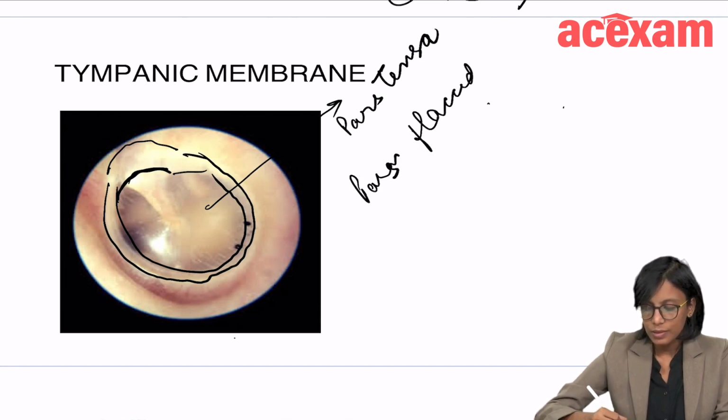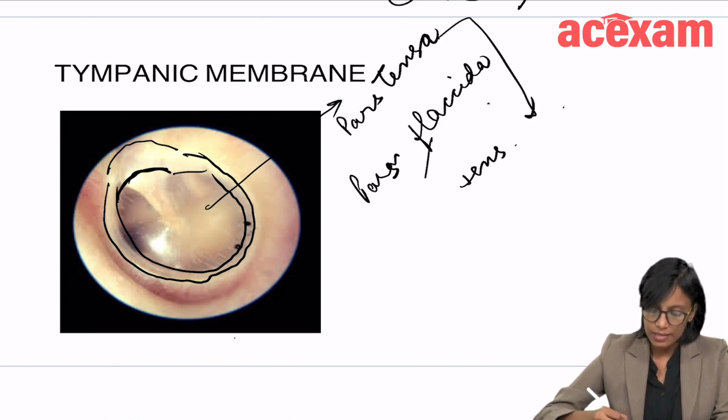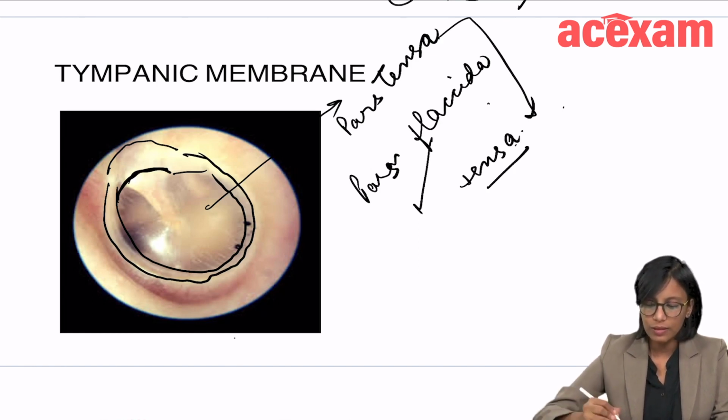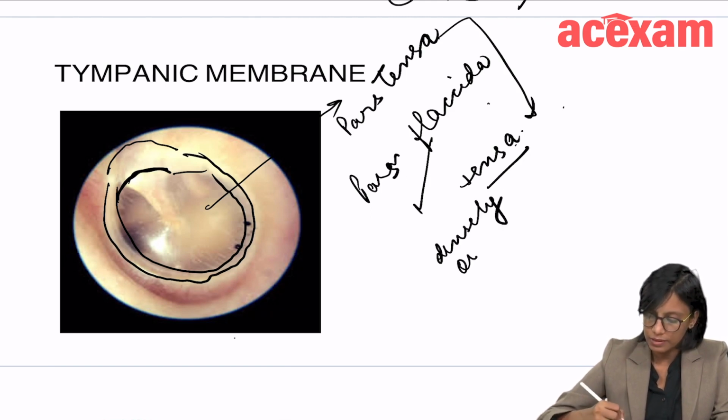As you can find out from the name itself, pars tensa is tense, flaccida is flaccid. Why? Because tensa has the three layers, and the middle fibrous layer, the fibrous stroma, is densely organized.